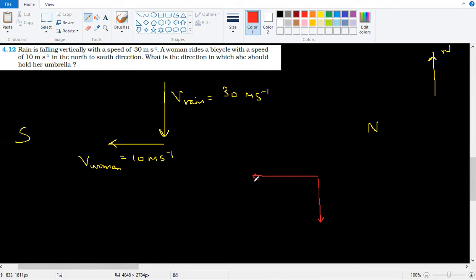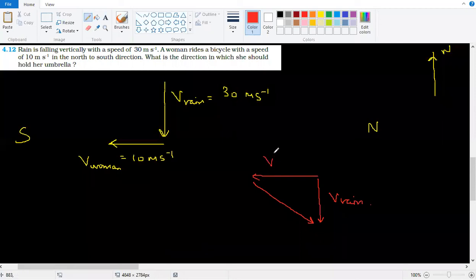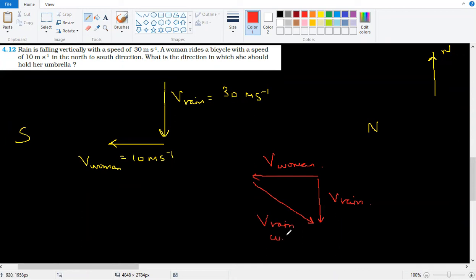So it's something like this. So this is the velocity of rain with respect to woman.